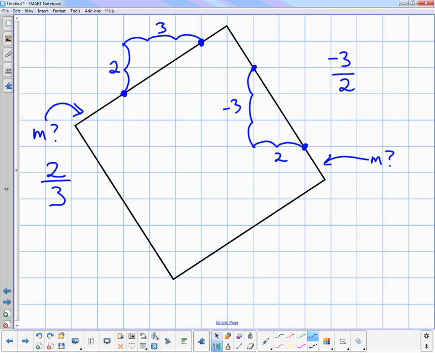What do you notice about them? They're flipped and one is negative, right?